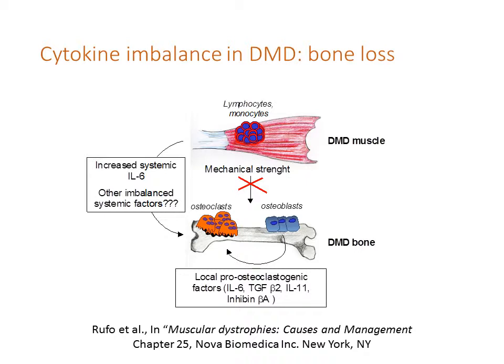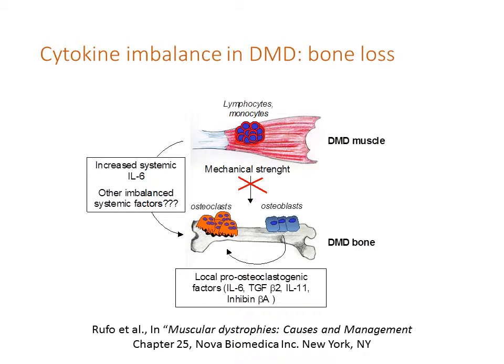In Duchenne muscular dystrophy, we have reduced mechanical strength due to the muscle damage and a very high inflammatory status in the muscle that induce an increased systemic interleukin-6 and probably an imbalance of other systemic factors, and also interleukin-6 stimulates the osteoblast to produce locally a number of pro-osteoclastogenic factors.